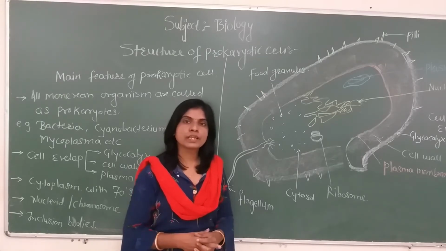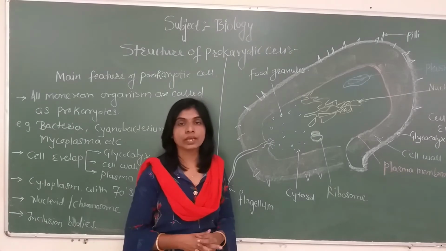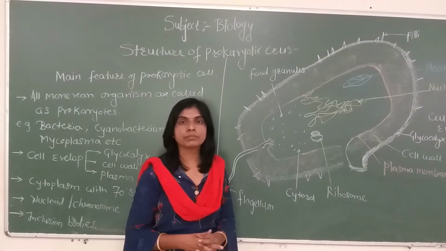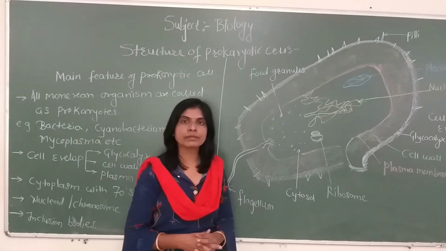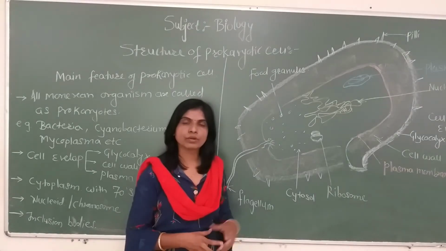What is the role of the cell wall? It gives mechanical strength to the cell, as well as a proper shape and rigidity to the prokaryotic cell. Cell wall is also found in plant cells and fungal cells, but chemically they are different from the prokaryotic cell wall.